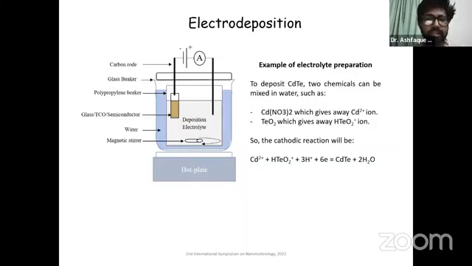And this can give HTeO2+ ion, and these two positive ions can be attracted, when there is a flow of electricity, to the negative terminal, because the cathode is the negative terminal. These two positive ions can come, sit on it, and create cadmium telluride on top of this sample. So this is how simple it is.